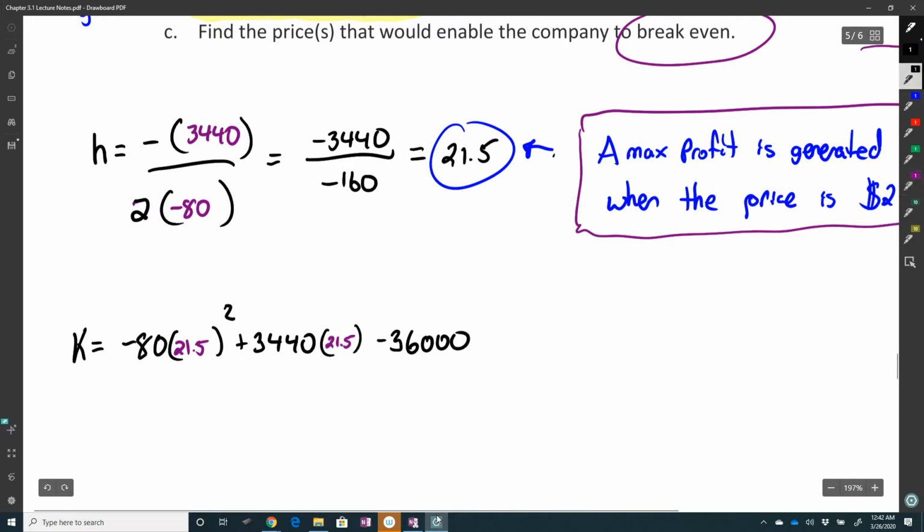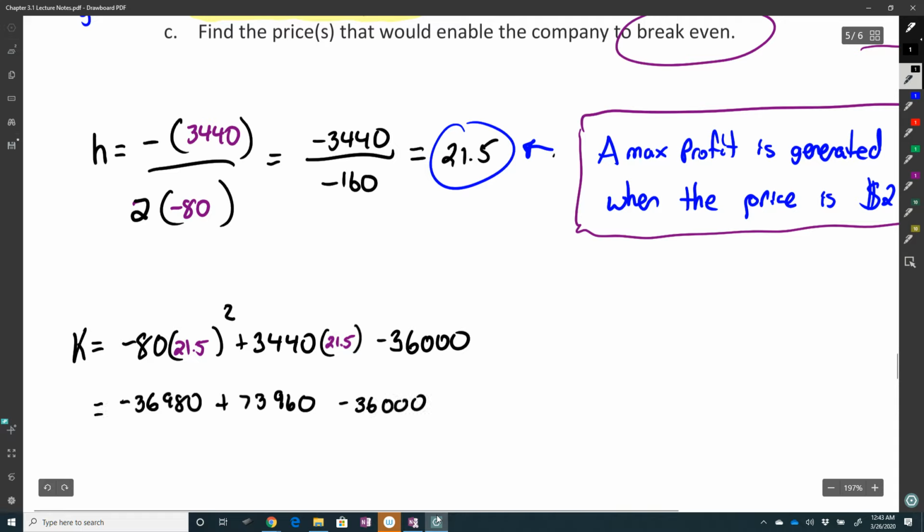So if I type that in my calculator, I have negative 80 times 21.5 squared. That's negative 36,980. Then 3,440 times 21.5, 73,960. Notice it's double with opposite sign. So everything checks out. And then minus 36,000.